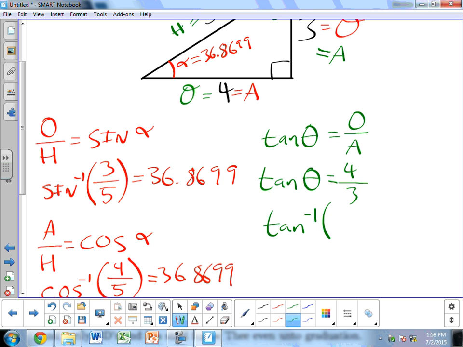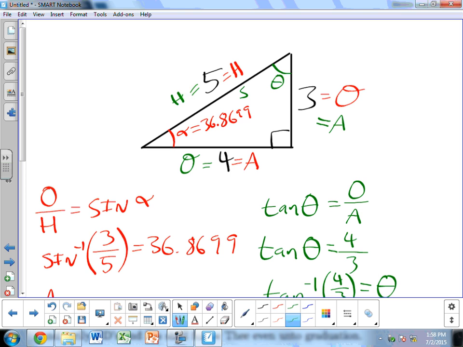The tangent inverse of 4/3 equals theta. And this goes into your calculator, so shift tangent, or second tangent, the words above the button for tangent should be tangent inverse. So we type in tangent inverse, and I type 4 divided by 3, which I didn't type incorrectly. And this gives me that theta equals 53.1301.